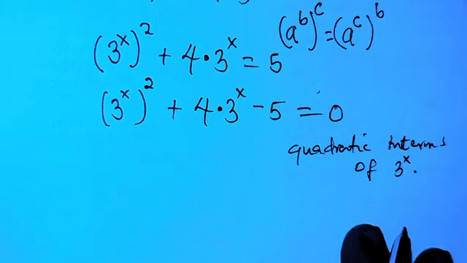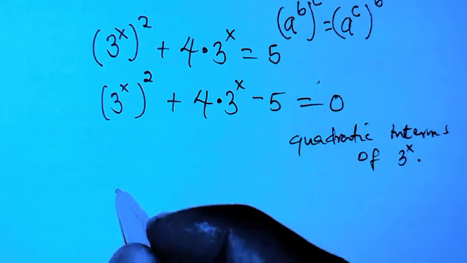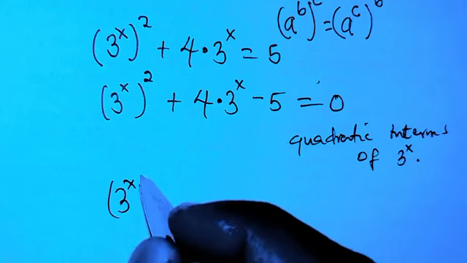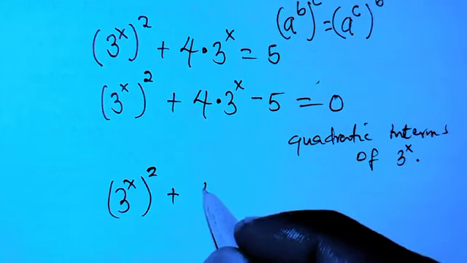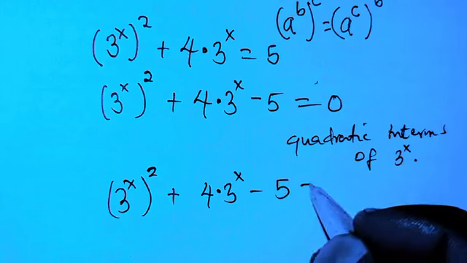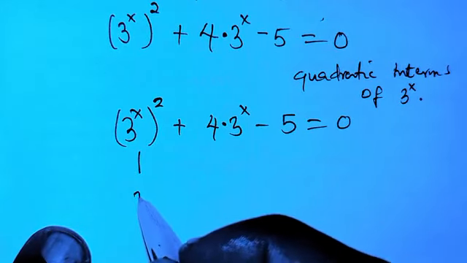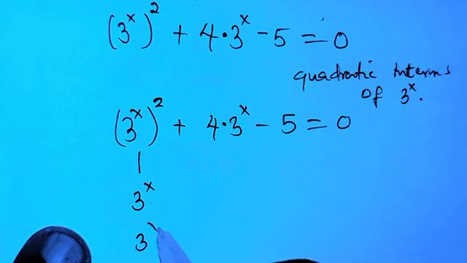Therefore, I'm going to use the magic cross method. Let me write this: 3 to the power x all squared plus 4 multiplied by 3 to the power x, then minus 5 equals 0. I'm going to have 3 to the power x, 3 to the power x.